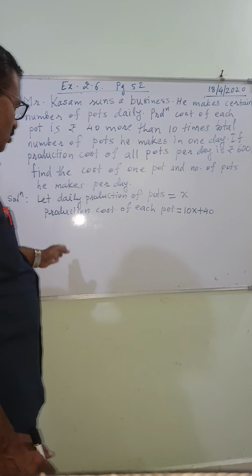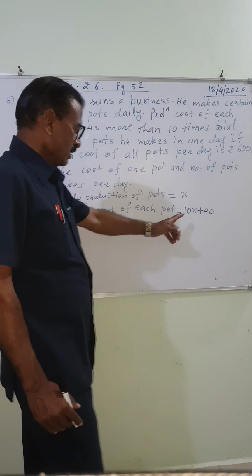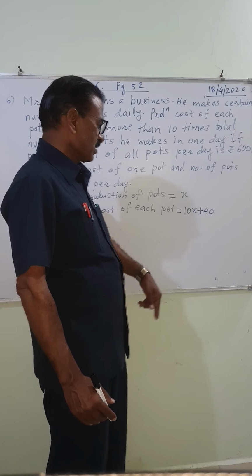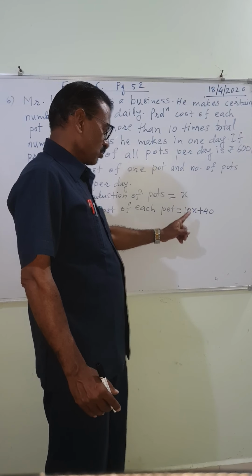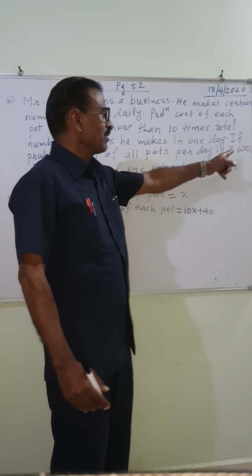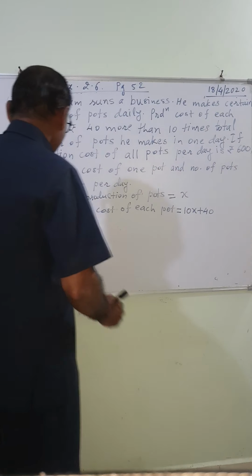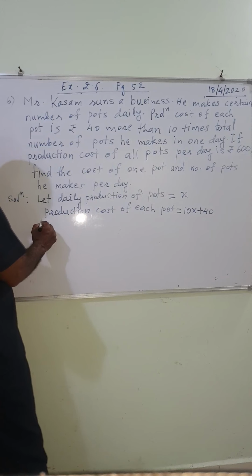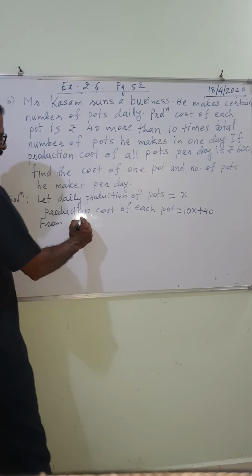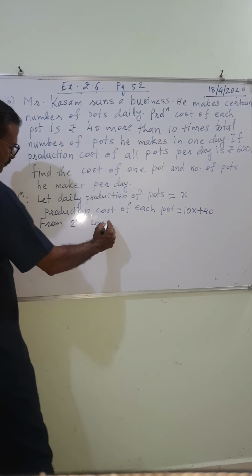So total production cost of all the pots will be, this is the production cost of one pot. How many pots he makes? X pots. So total production cost will be X into this, and that is given to be 600 from the second condition.